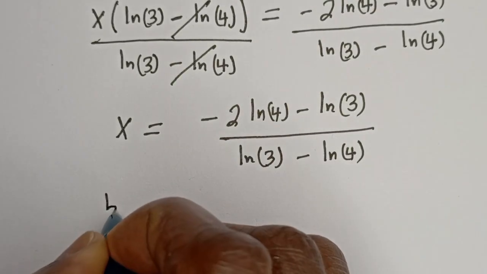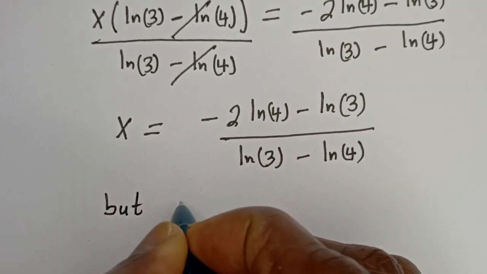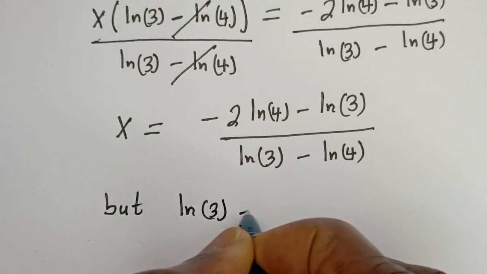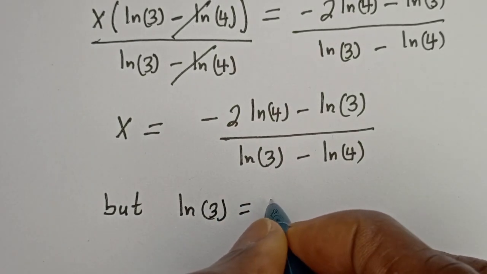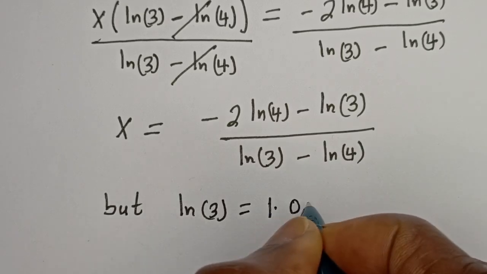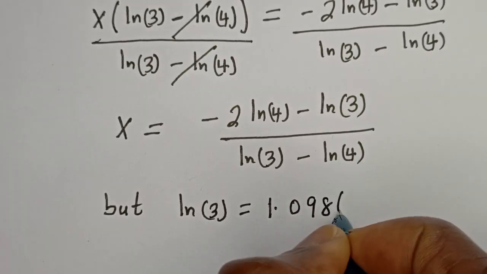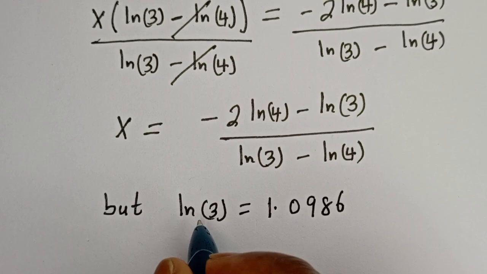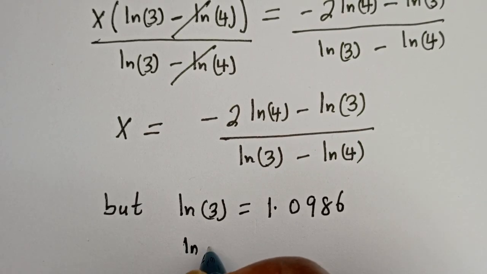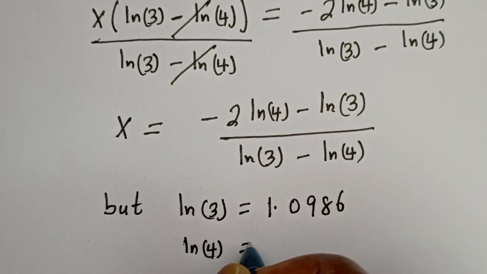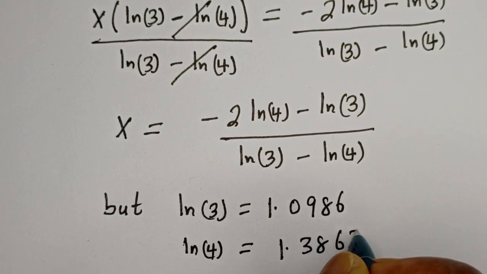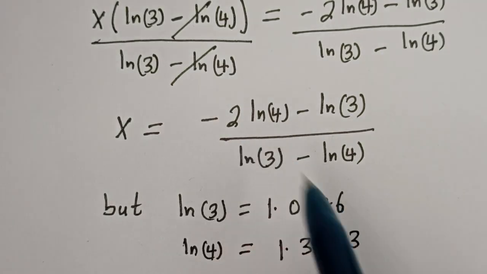But ln of 3 is equal to 1.0986. That is log 3. Then the natural log of 4, ln of 4, is equal to 1.3863. So we can now substitute here.